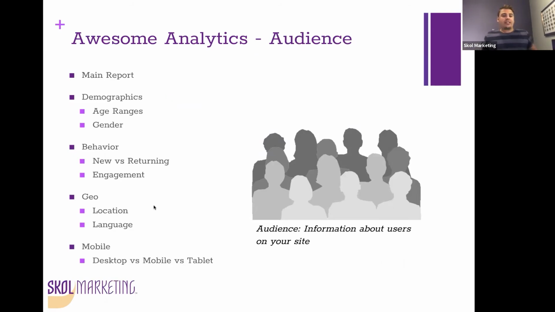We can actually get age ranges and gender, which can be super beneficial if we're trying to look at that. One caveat to know about the demographics reports is that at the top, it will show you what percentage of your audience this can be applied to.